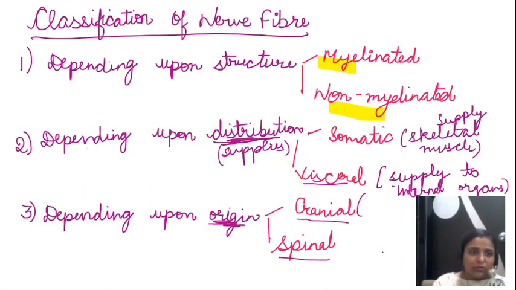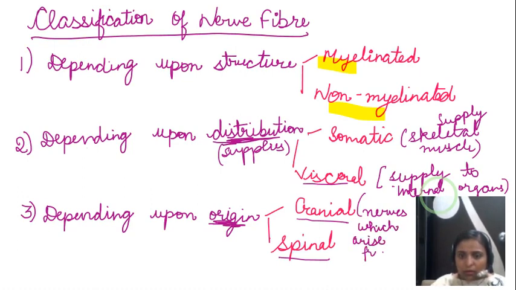Actually my handwriting is very poor, but I try to improve it for you people. So depending upon the origin, cranial nerves and spinal nerves: the nerves which arise from the brain are called your cranial nerves, right?